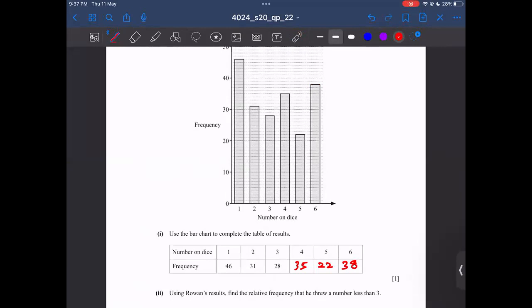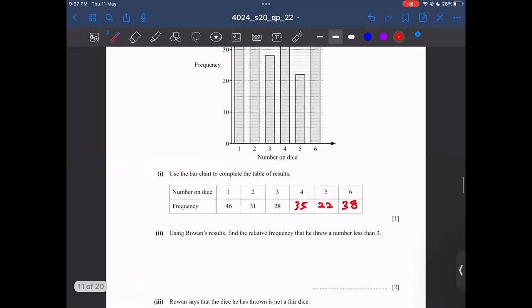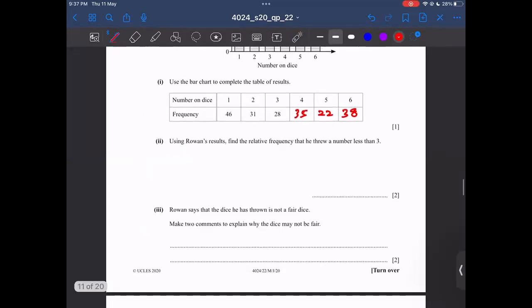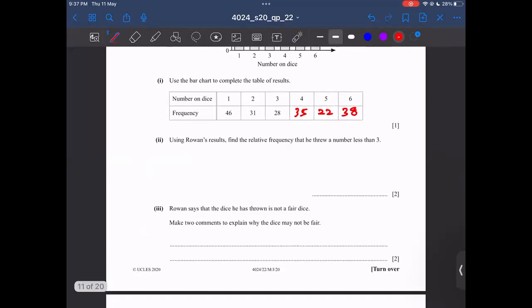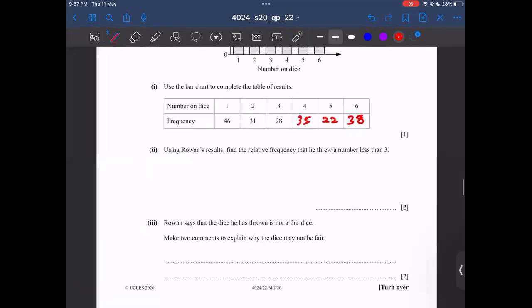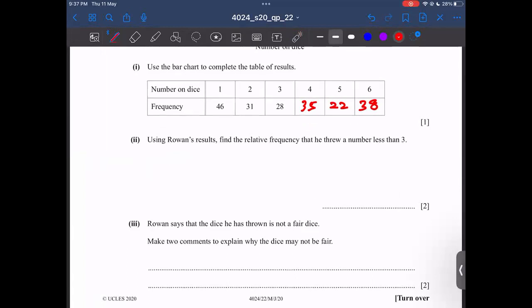Using Rowan's results, find the relative frequency that he threw a number less than 3. Relative frequency is exactly the calculation that we do in probability. What are the numbers less than 3?